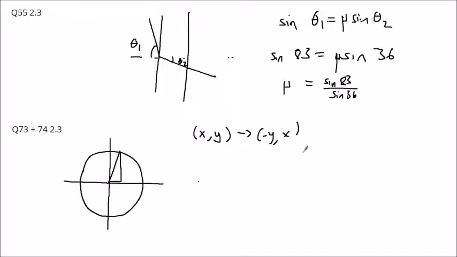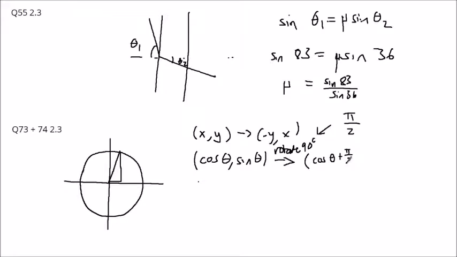So let's try to visualize that using sines and cosines. So we have cosine theta, sine theta. If we add 90 degrees, so rotate 90 degrees counterclockwise, which is also pi over 2, you'll get cosine of theta plus pi over 2 and sine of theta plus pi over 2.